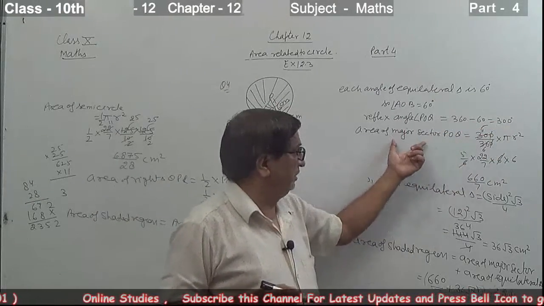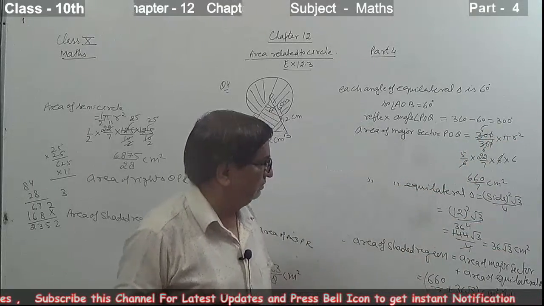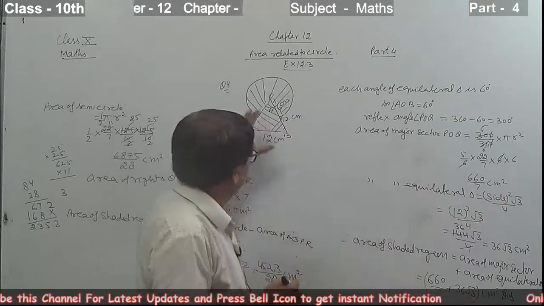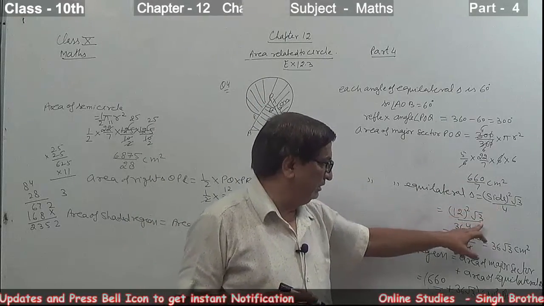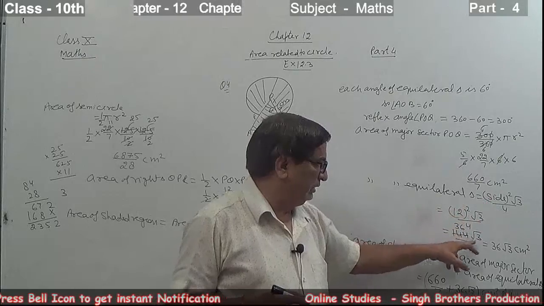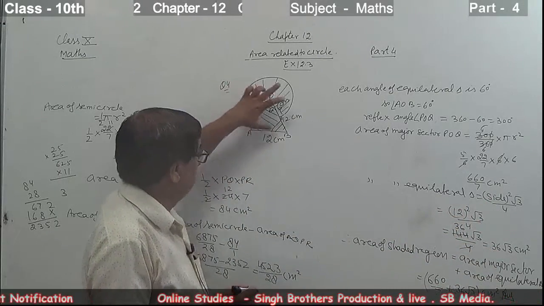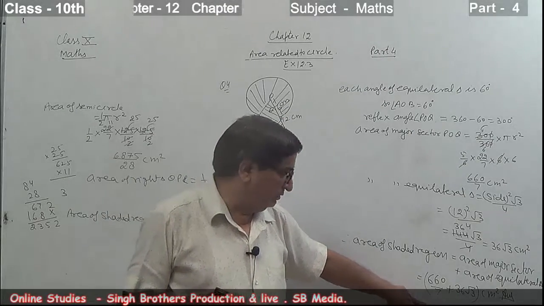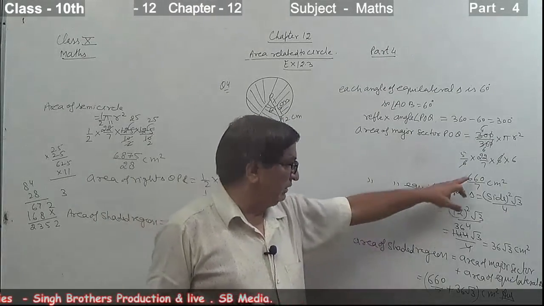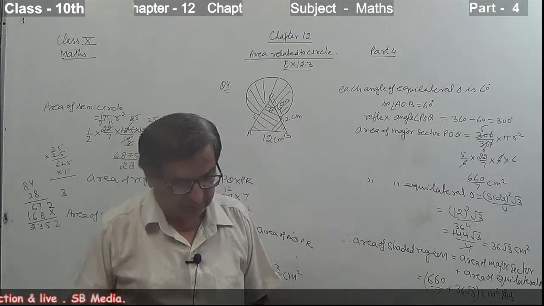Area of major sector is 300 upon 360 into pi r square. And this is an equilateral triangle. Area of equilateral triangle is this one. Side is 12, so it will be 36 root 3. The whole is the shaded region. So this is the answer of question number 4, 660 upon 7 plus 36 root 3 centimeter square.